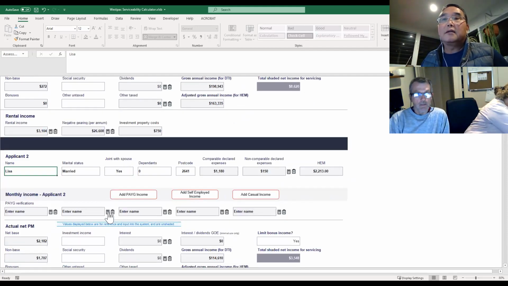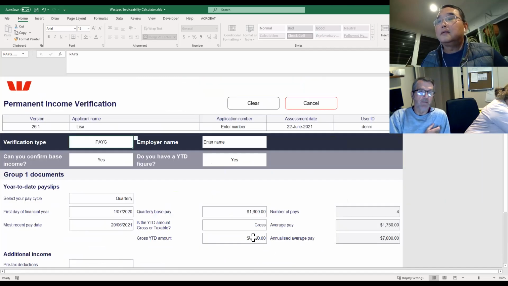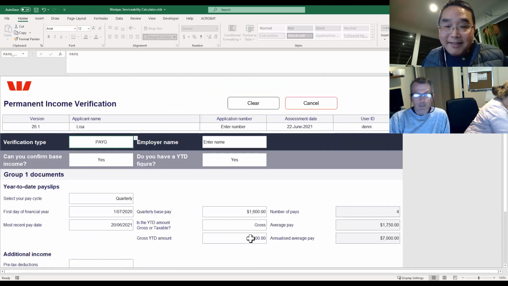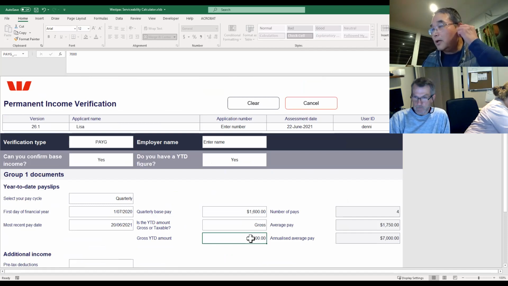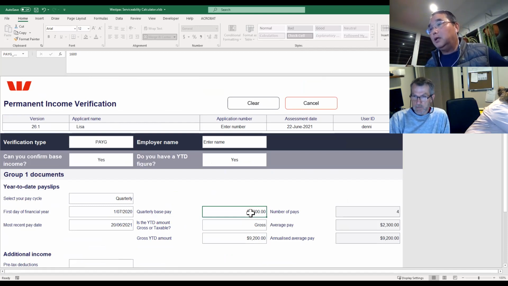Gross or net? Gross. We just found the payment summary from last year. For how much? 9,200. Okay. 9,200 divided by 4 will be 2,300. So that's gross. We're putting in that.